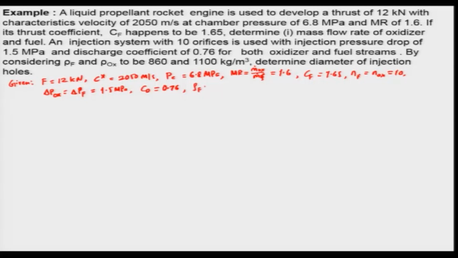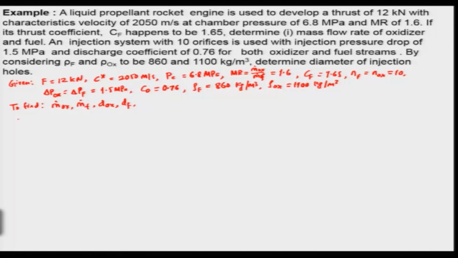The density of fuel is 860 kg per meter cube, and rho of oxidizer is 1100 kg per meter cube. We have to determine the mass flow rate of oxidizer, mass flow rate of fuel, and the diameter of oxidizer and diameter of fuel orifices.